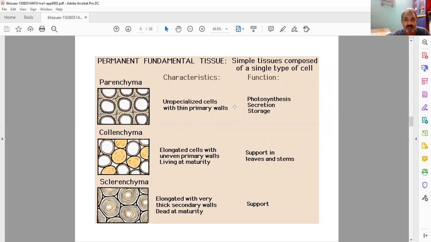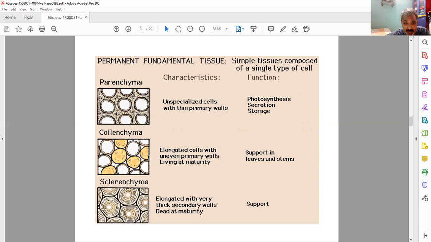Now the permanent fundamental tissues, with their functions given here. Parenchyma: unspecialized cells with thin primary walls, with functions like photosynthesis and secretion.